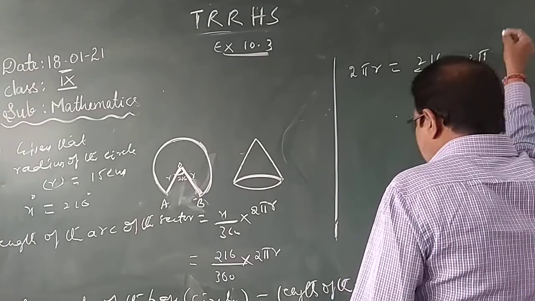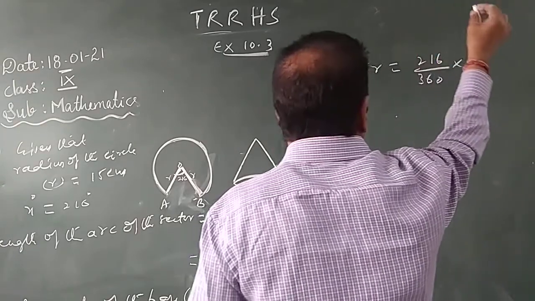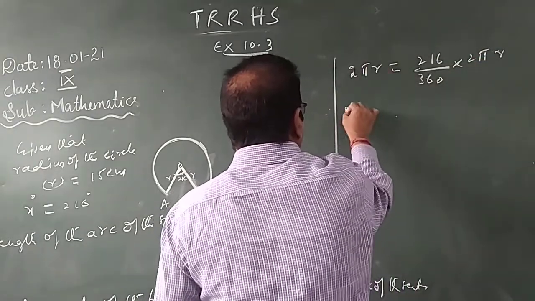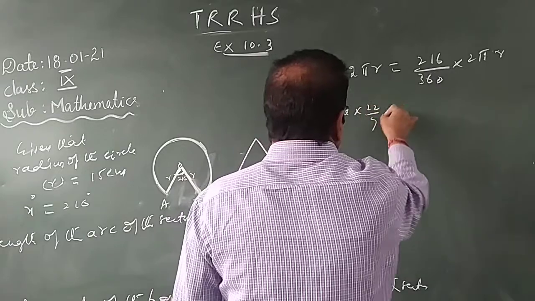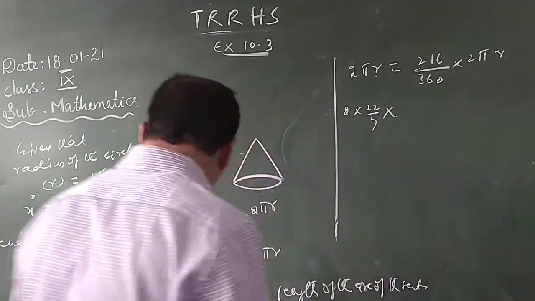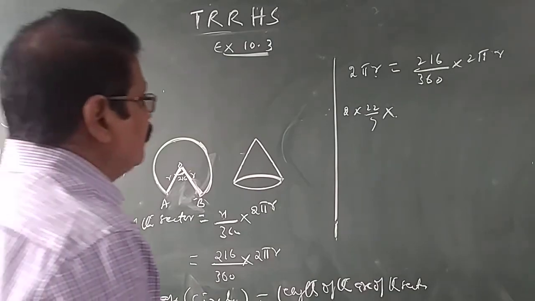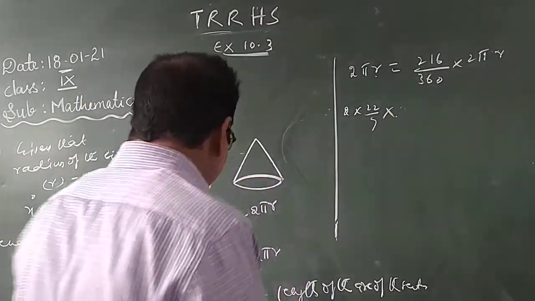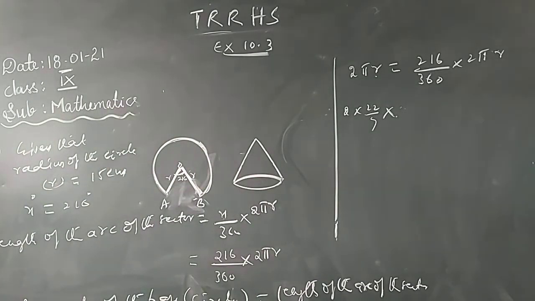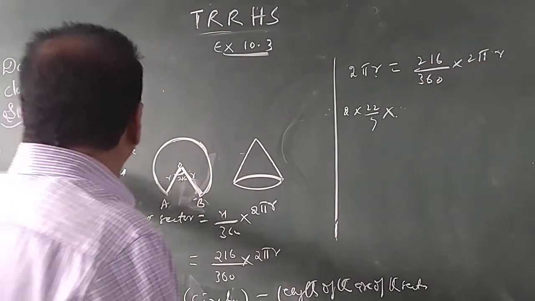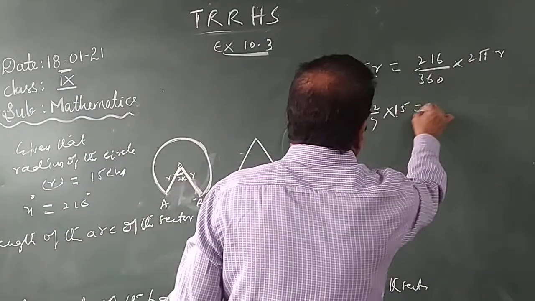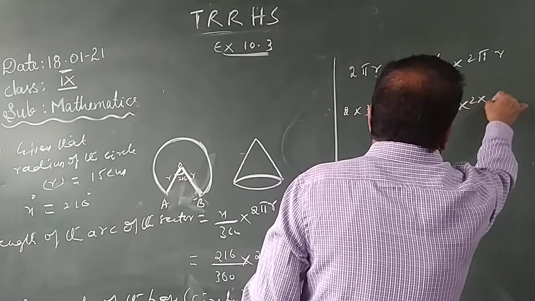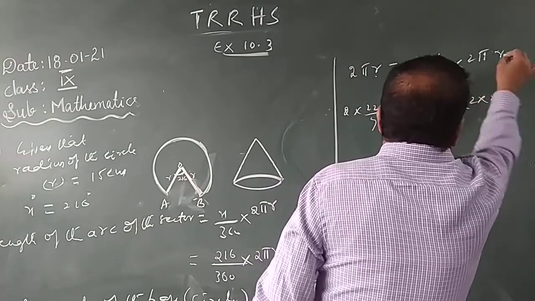2 into pi, 22 by 7, into the radius of the circle, 15 centimeters, is equal to 216 by 360 into 2 into pi, 22 by 7.